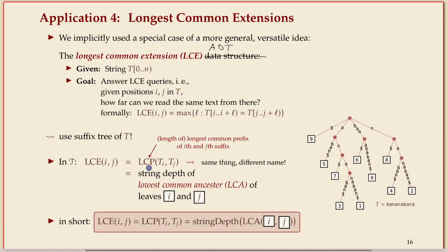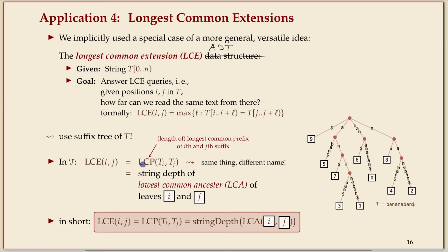So that's just a different name. I'm introducing this abbreviation LCP already here, because it will pop up later again and will be another big player in a sense. So these two things are the same, just named differently, but really by definition the same.